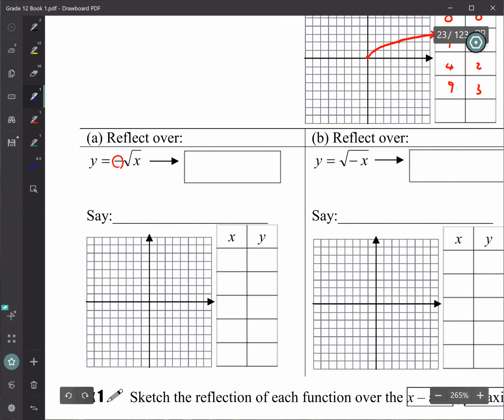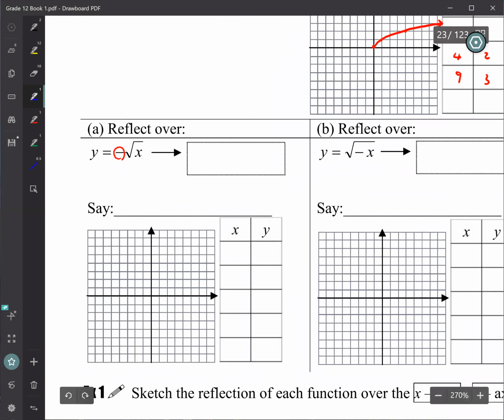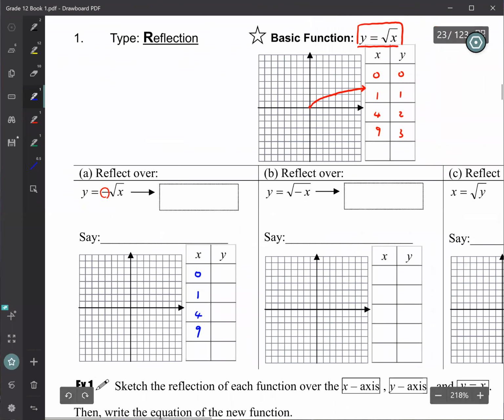So the best way to find out is to plot points, right? So we pretend we don't know which way it reflects, and then use the same points, 0, 1, 4, 9. But this time we will plug it in and then multiply it by negative, because there's a negative on the outside. So for example, I plug in 0, it will be square root of 0, and then times negative, it will stay 0.